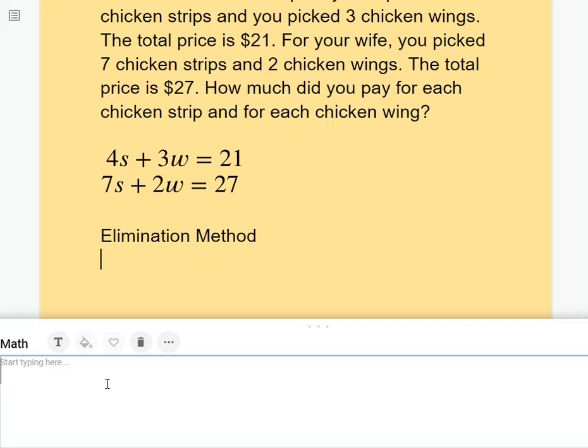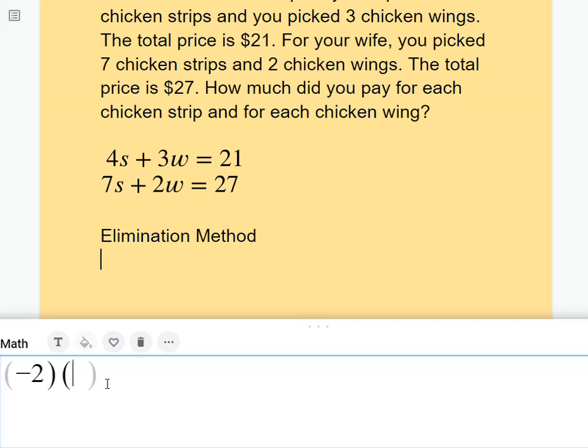Okay, so let's say the first equation we'll multiply by -2. Just watch this, because you want to be able to, when you add it up, one variable disappears, right? And we want to eliminate W. So we'll multiply the first equation by -2. Instead of 2, we use -2.